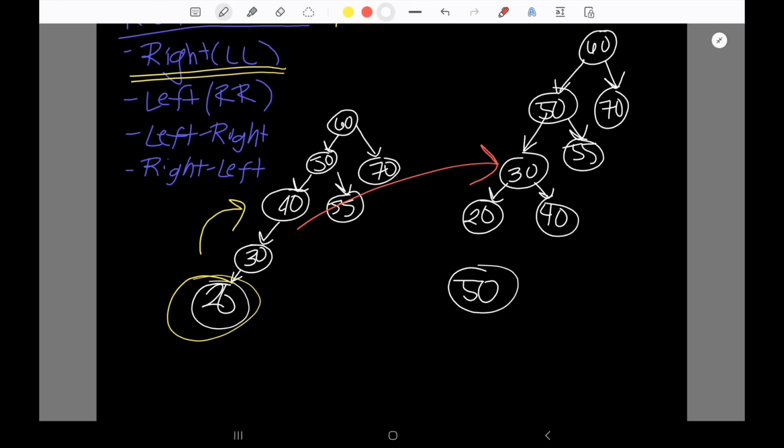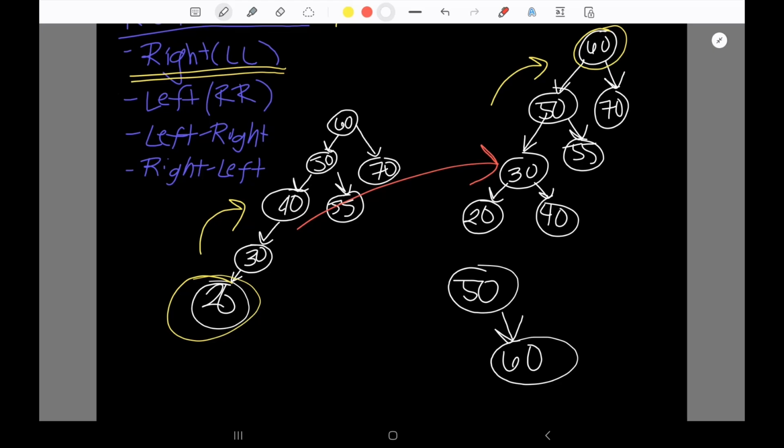So if we're going to rotate it to the right, 60 is going to be at the right of 50. So this 60 will be the new child of 50.